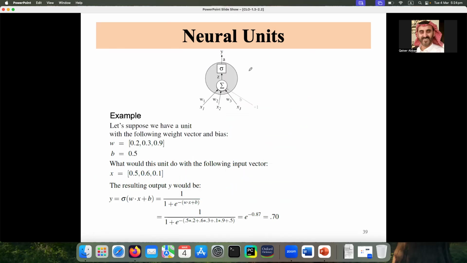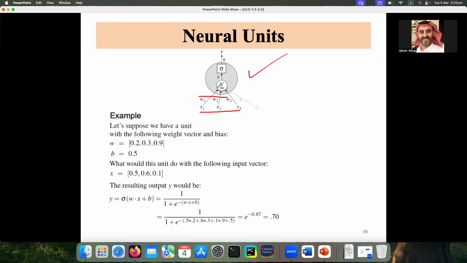Now this is the smallest unit displayed. The minimal neural network is displayed in this picture. Here x1, x2, x3 are the input variables, and these variables contain numbers. Then W1, W2, W3 are the weights, which also contain numbers.